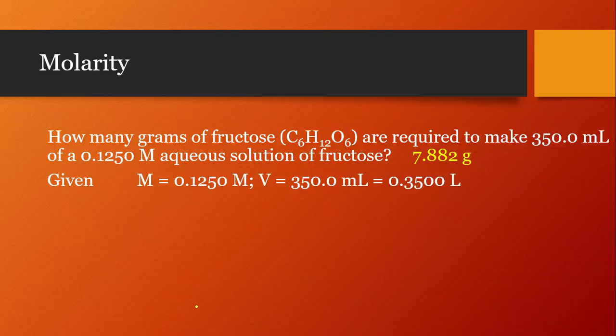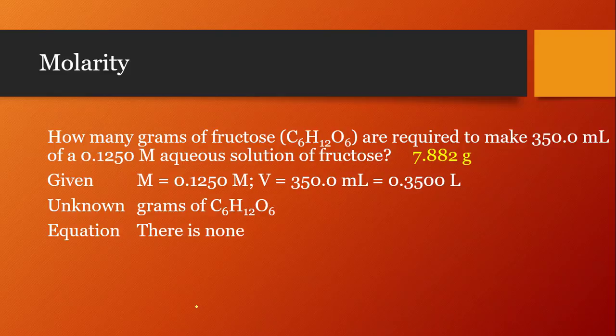We're given molarity. We're given the volume in milliliters, but for the molarity equations, it needs to be in liters. So we convert to 0.3500 liters. We're looking for the grams of fructose, and there is no equation that relates these things to grams. So we're going to need multiple steps.